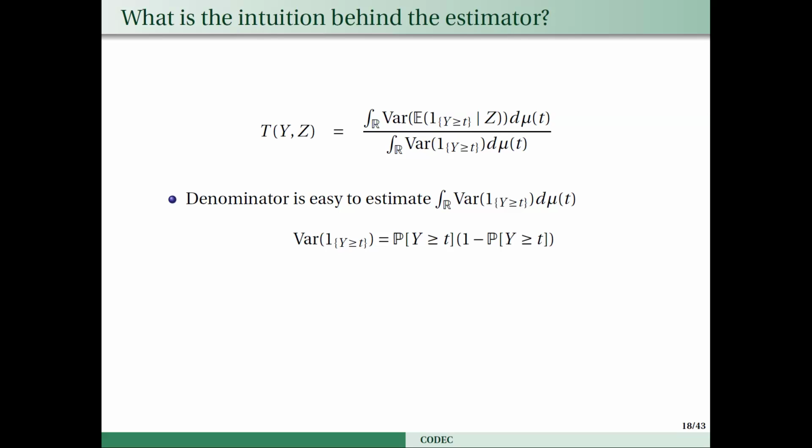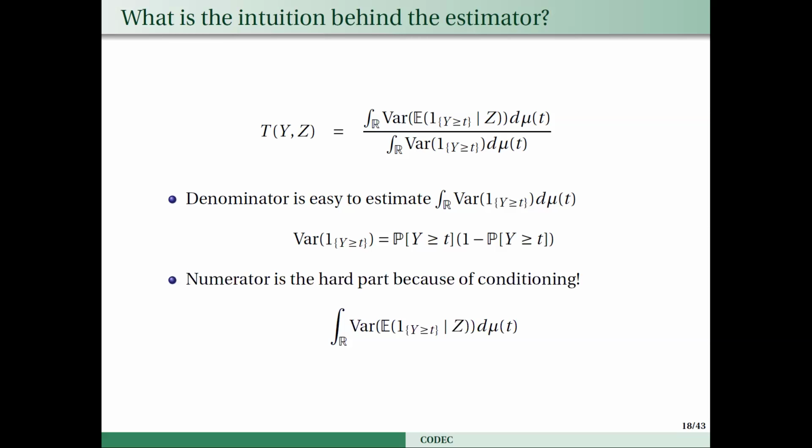Looking at the denominator, we can guess that estimating it is not that hard. That's the easy part. Why? Because the variance of this indicator function is that of a Bernoulli random variable. It's easy, we know it. Then it's just a matter of estimating the CDF of Y, which is kind of equivalent to finding the ranks. The hard part is the numerator, where we have this conditioning.